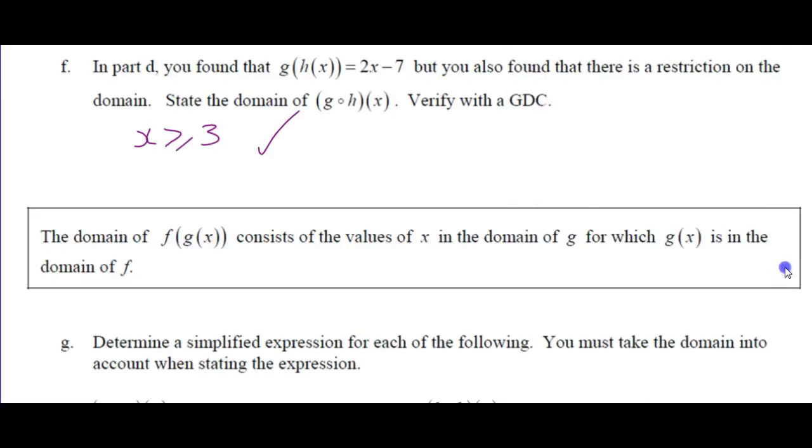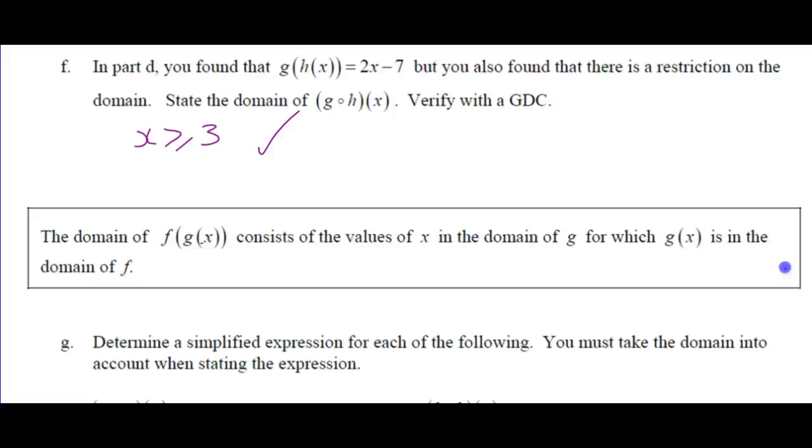In general, the domain of f of g of x consists of the values of x in the domain of g for which g of x is in the domain of f. In other words, the outputs of g have to be allowable inputs to f. So the range of g has to be numbers which are allowable as inputs to f.